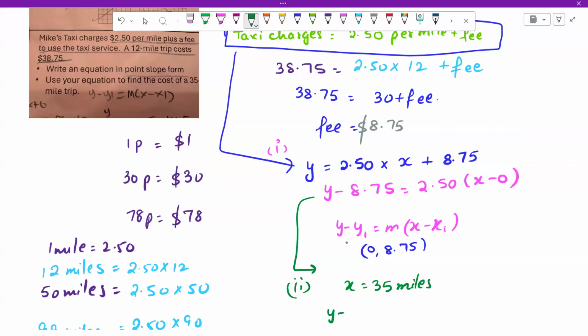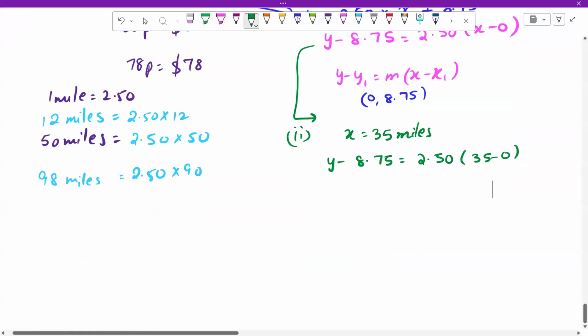So we got y minus 8.75 equals 2.5 times 35 minus 0. Now we just need to solve this whole thing and we can use our calculator for that. How much would be the value for this? Is it coming out to be 87.5?